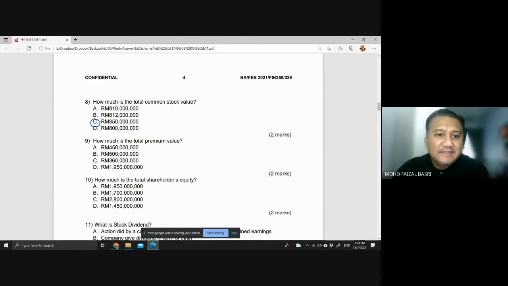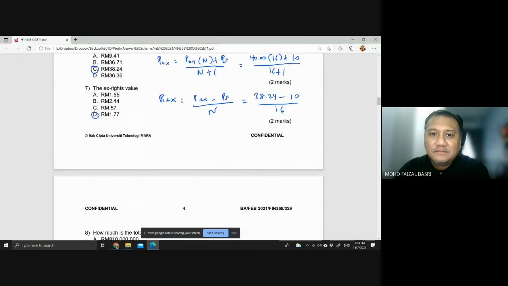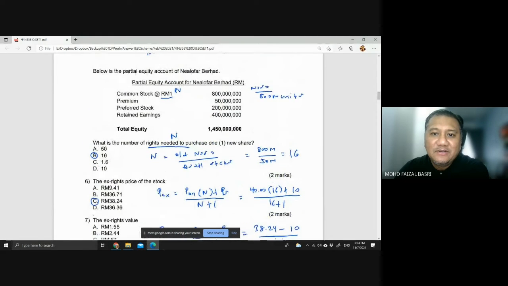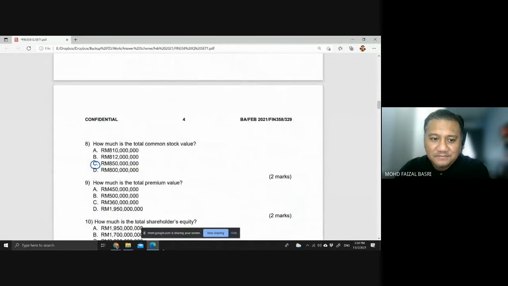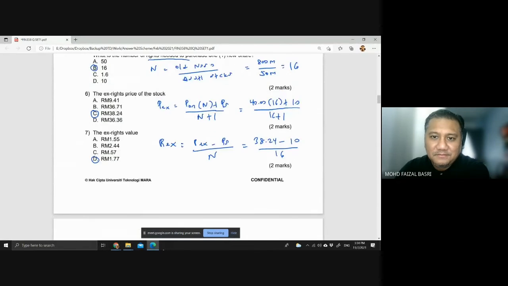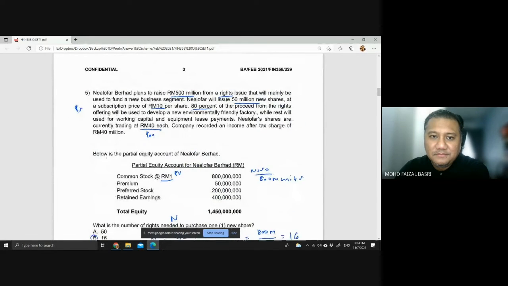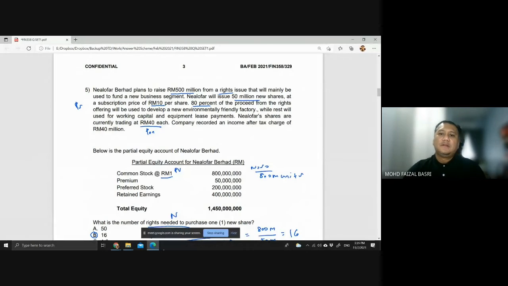Question number 9. How much is the total premium? So that's why if we don't have this question, how do we answer? So 50 million is the original. So how do we calculate the new premium? This is the original value.